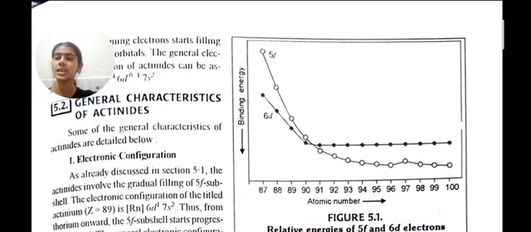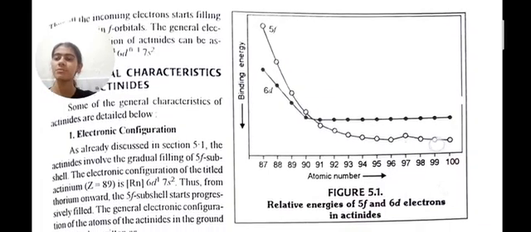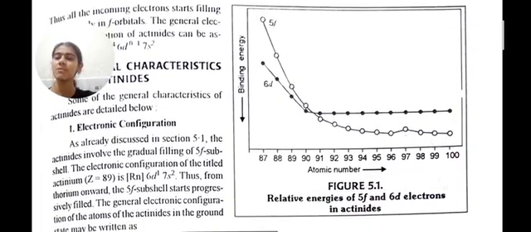Some of the general characteristics of actinides are detailed as follows. Electronic configuration: as we have already discussed in section 5.1, the actinides involve the gradual filling of the 5f subshell. The electronic configuration of actinium is radon 6d1 7s2. Thus, from thorium onward, the 5f subshell starts progressively filling.